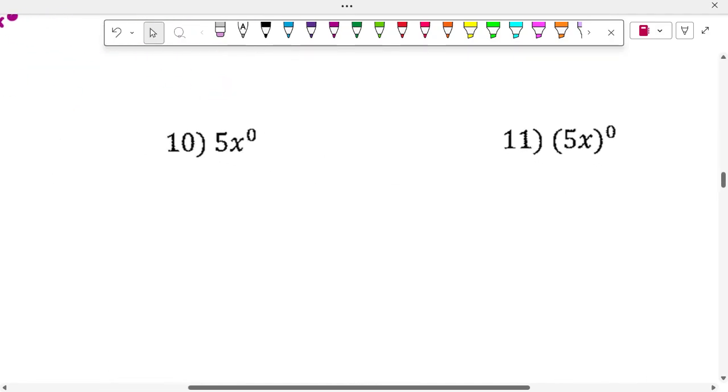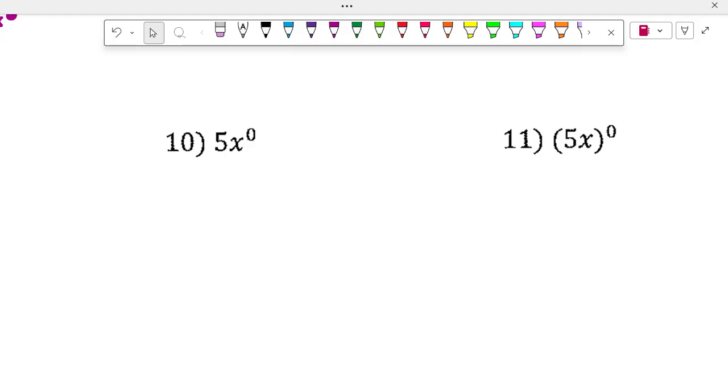Now, well, not necessarily hard. Now, 10 and 11 are very, very, very similar. But what's going to be the difference? 11 is going to be negative. What? No. Nope. 11's 1. 10 is 5 times 1. Right.